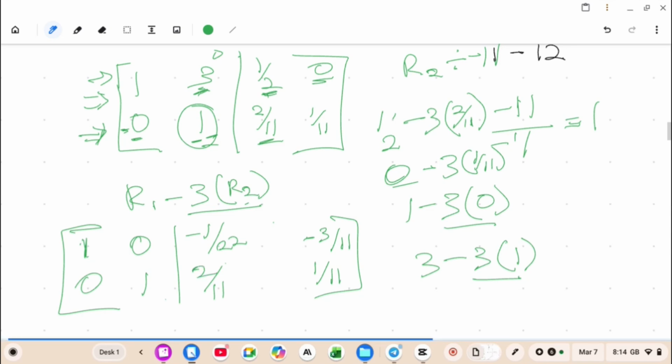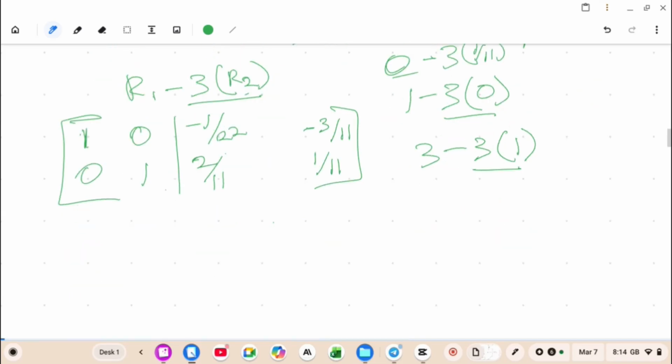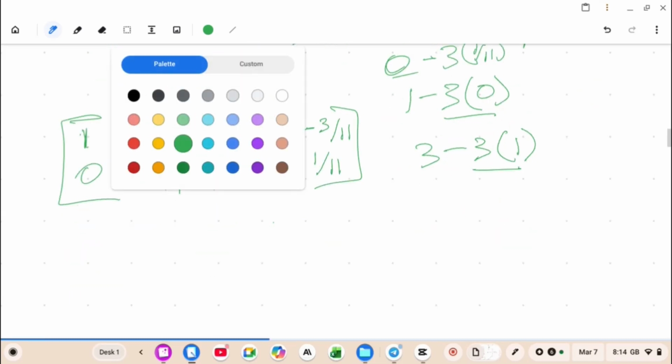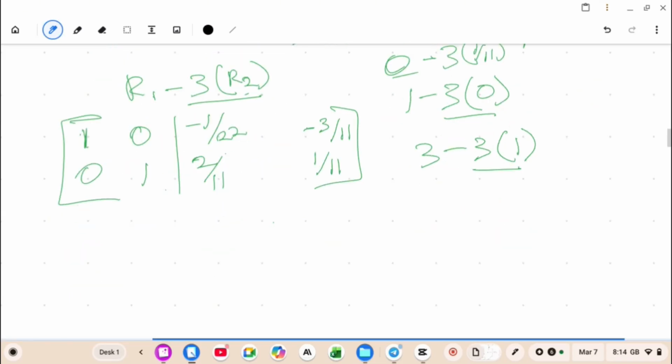So if you can study clearly, you could see we've been able to transform our A element to an identity element.